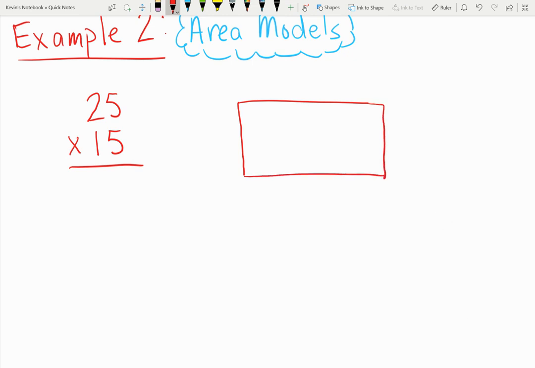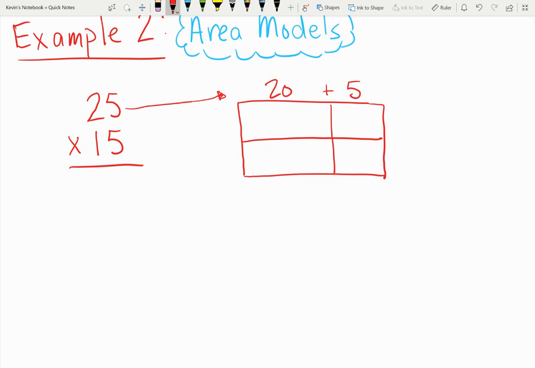And we're going to take our first factor, 25, and we're going to break it into expanded form. So we're going to take 25 and expand it out to 20 plus 5.